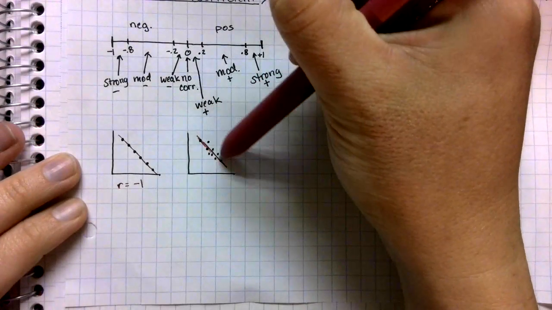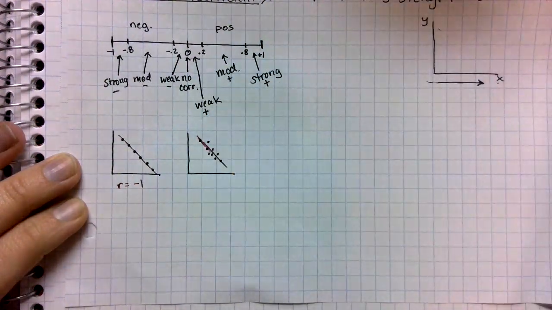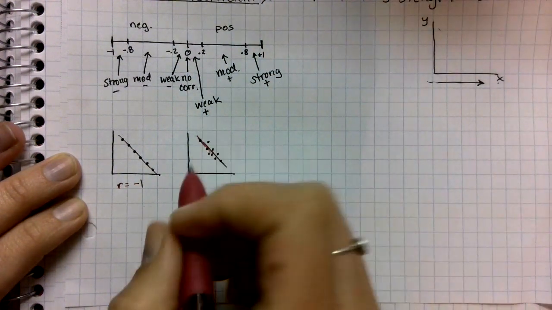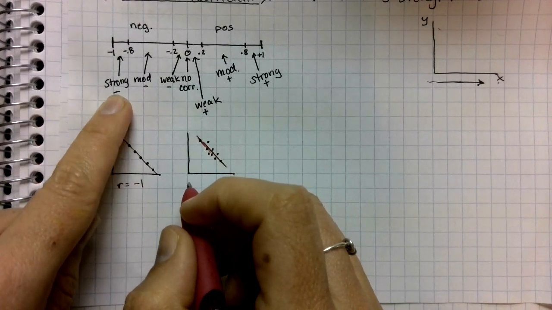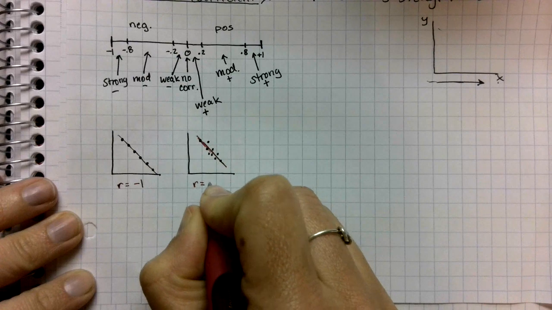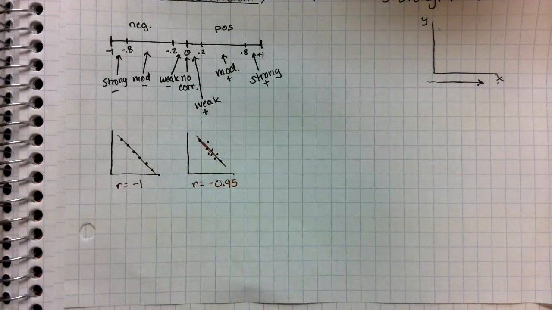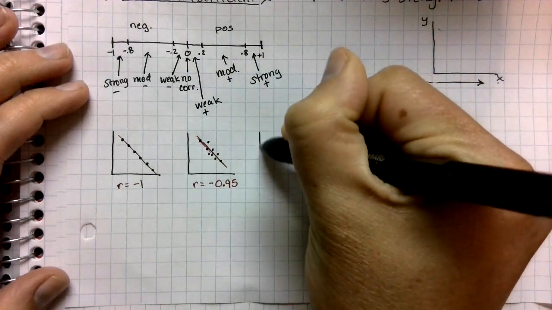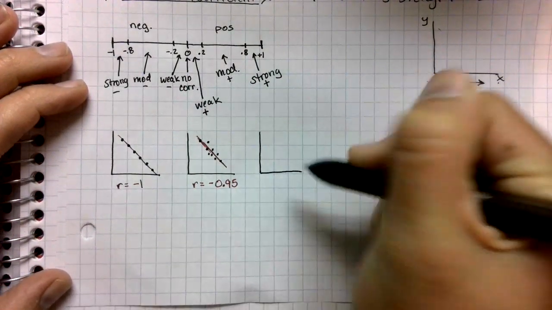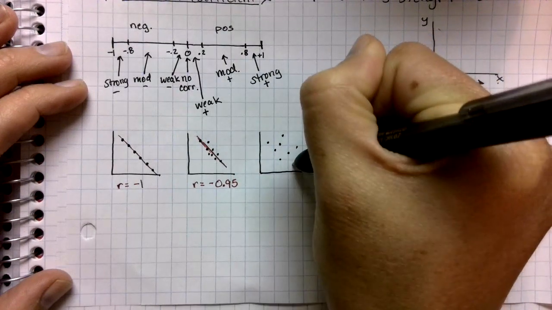But I can still get a good sense for the direction it's going downhill, and my points are packed pretty closely to that line. So that tells me it is still going to be a strong negative. So I might estimate this to be about -0.95.